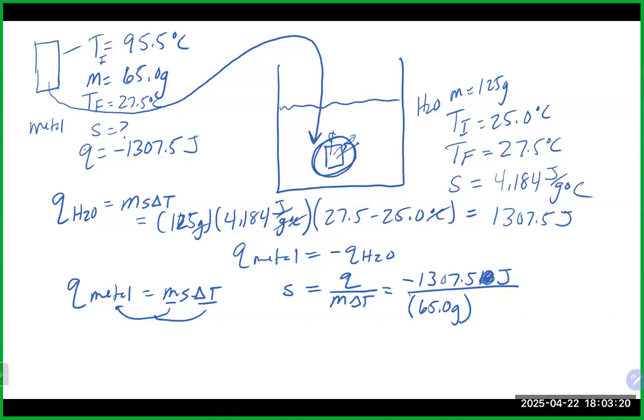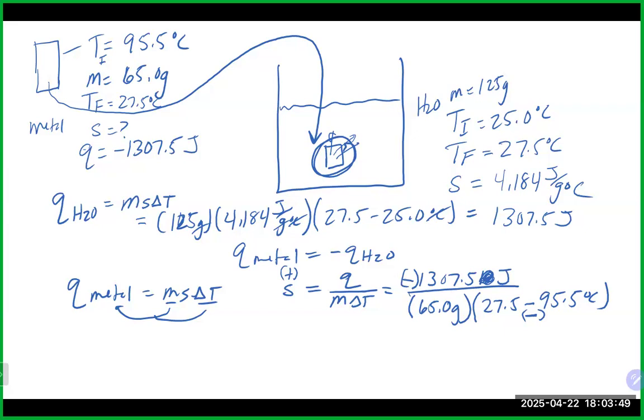And now it's again really important here that we do final minus initial. The metal cooled down and its final temperature is lower than its initial temperature. That's really important because that is going to give us a negative number. And that negative, along with this negative, will turn our specific heat capacity back into a positive number, which is what it should be.